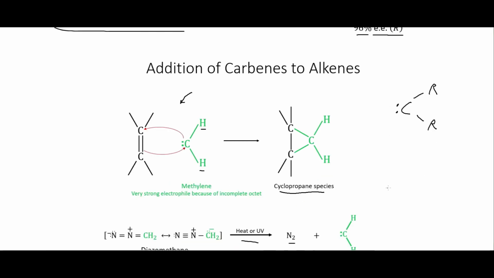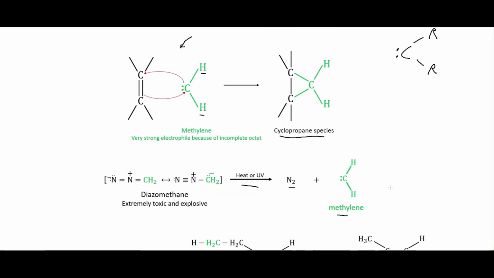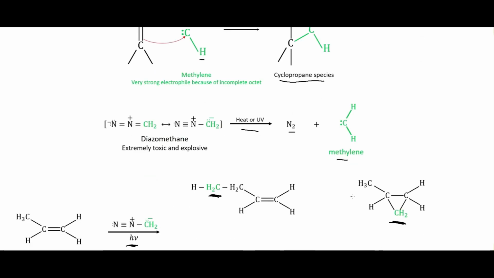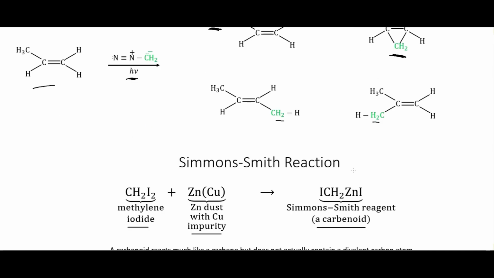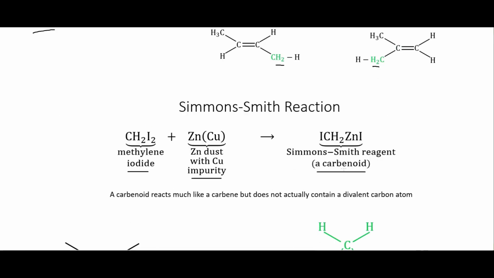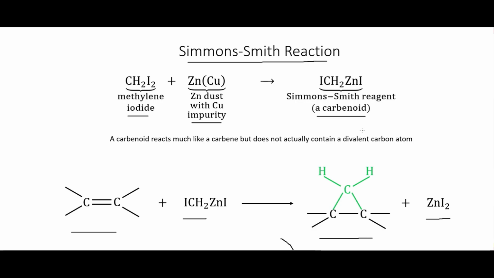Then we also looked at the addition of carbenes to alkenes. The carbene being something like this methylene right here. But we want to have something that's a little bit less reactive, so we're not getting too many of these side products. So we could use something like the Simmons-Smith reaction that uses the Simmons-Smith reagent that is this carbenoid here.